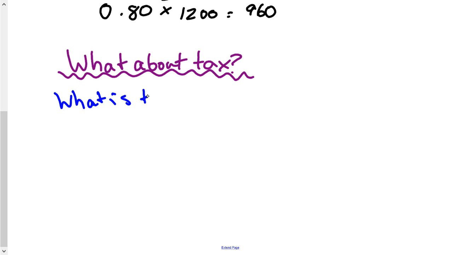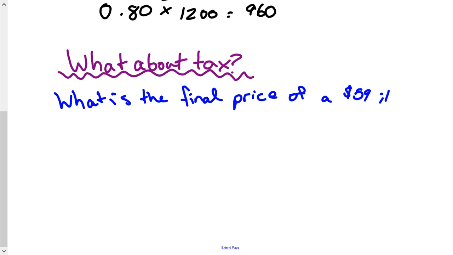What is the final price of a $59 item with 5% GST, which is goods and services tax? So what we have to do is find out what 5% is first.